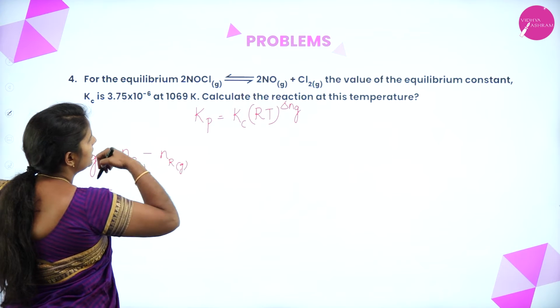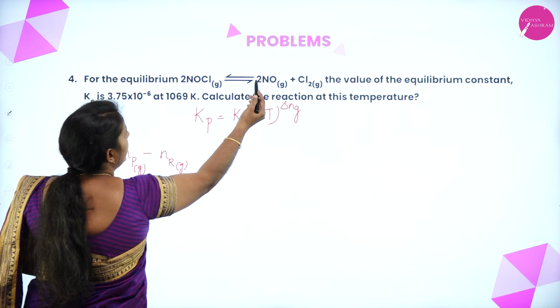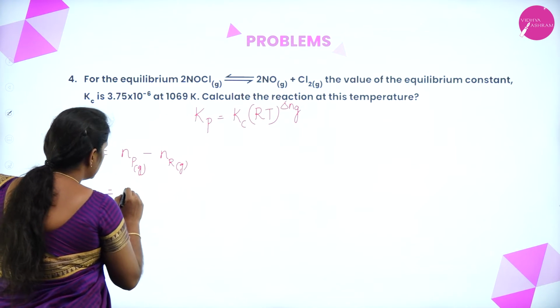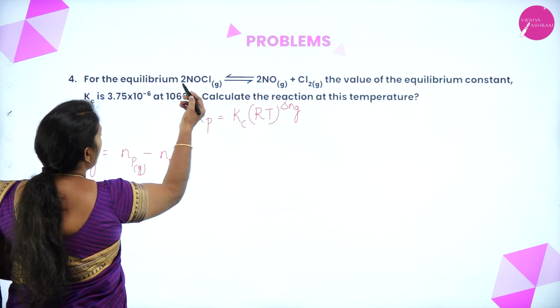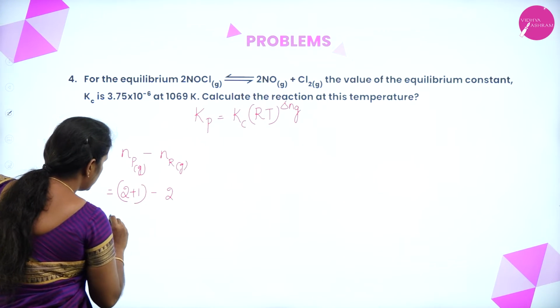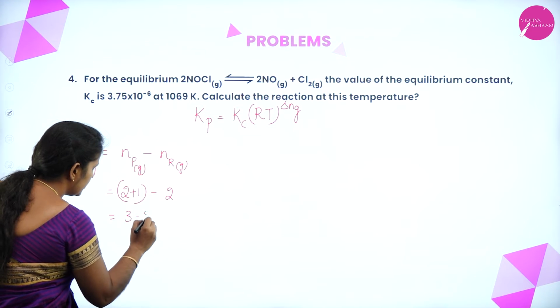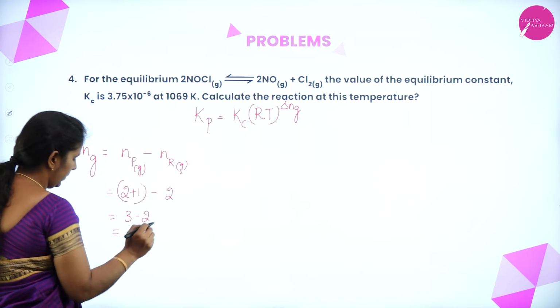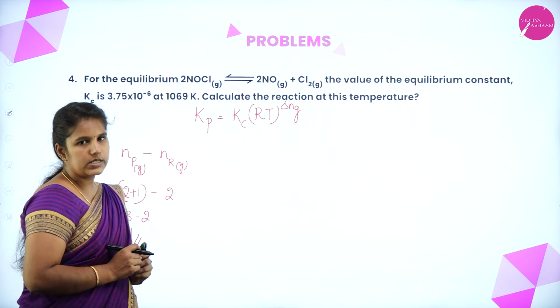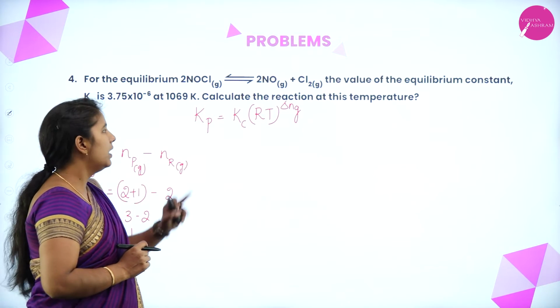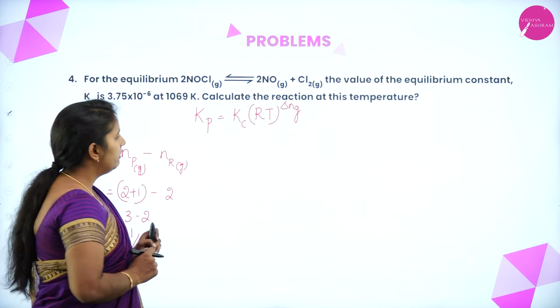So how many products are there here? You can see that it is 2 and 1. So it is 2 plus 1 minus how many reactants are there? 2. So it is 3 minus 2, which is nothing but 1. And they have given the temperature, and we know the gas constant value also, and they have given the Kc value. We'll apply now.